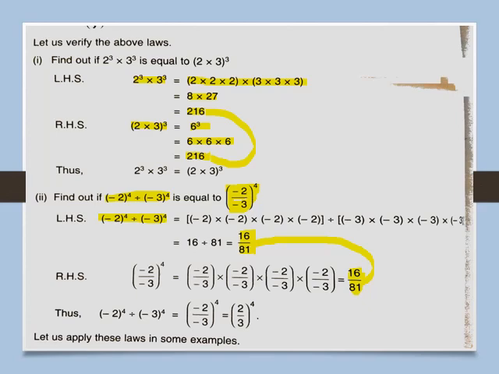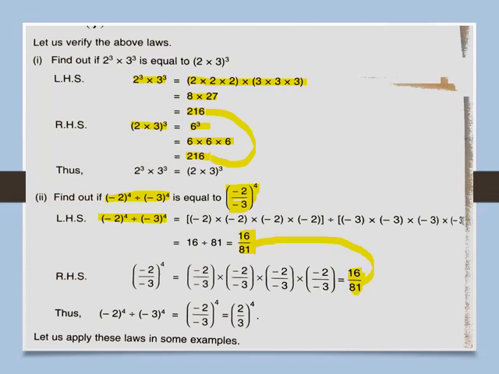Now we will check whether, according to the law, these two numbers are equal or not. So 2 raised to 4 divided by 3 raised to 4. How will you write it? We will write this as 2, 4 times, divided by 3, 4 times. So this gives you 16 upon 81, because nothing gets cancelled here. 2 and 3, nothing is common, so the number is as it is.